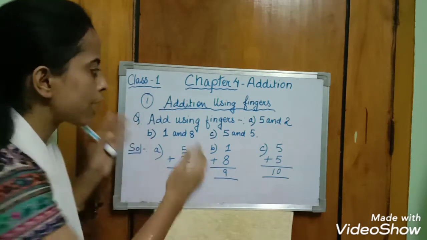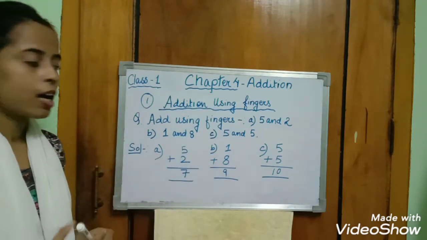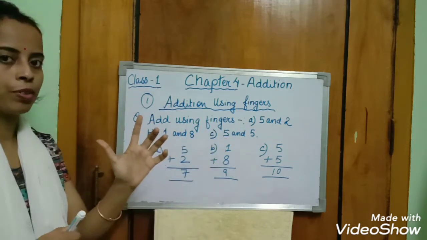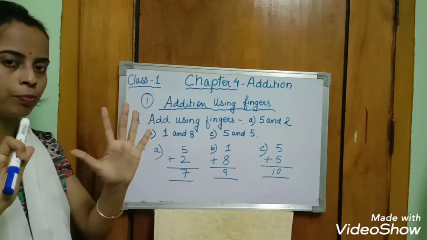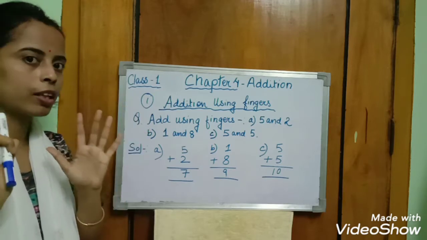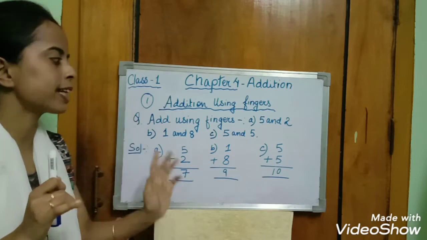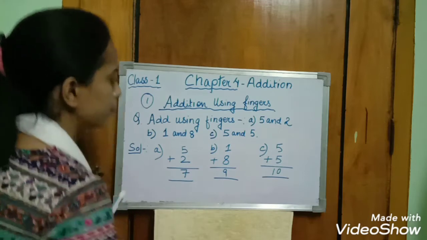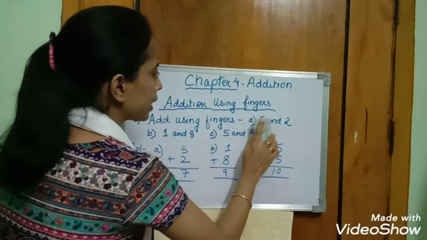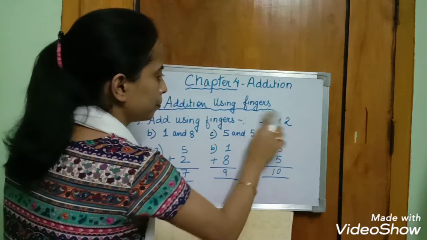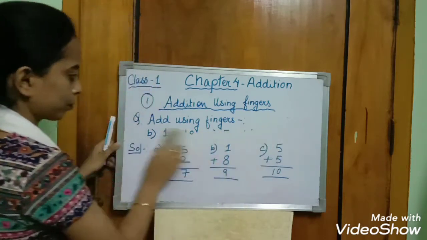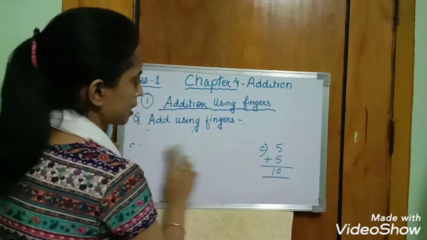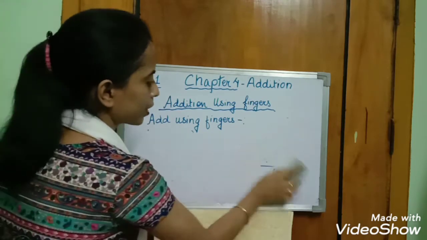Alright, children? I have shown you 3 examples of how to add using fingers. This is how you have to do it. We have to use fingers. Clear? So again, let's take 3 examples. It will help you to understand more. Let's take another example.